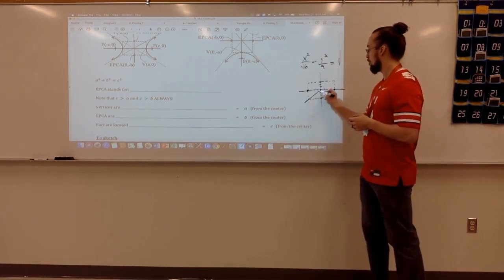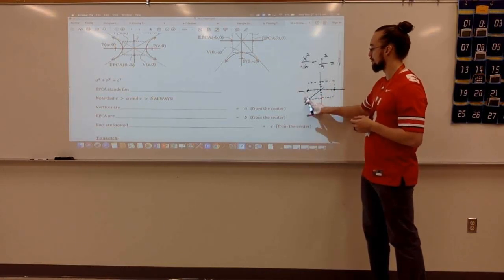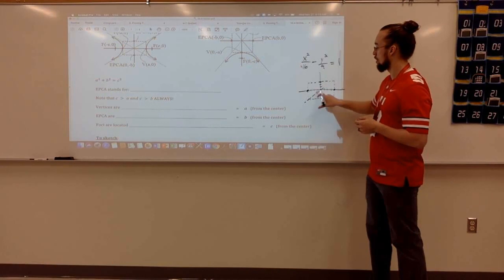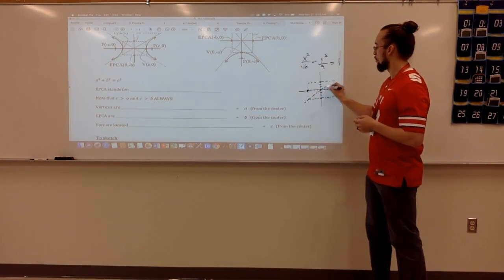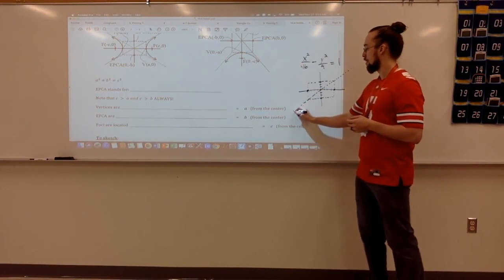Now what I do, I draw, I guess I should make these dotted as well. I draw dotted lines that go through the corners of these boxes.